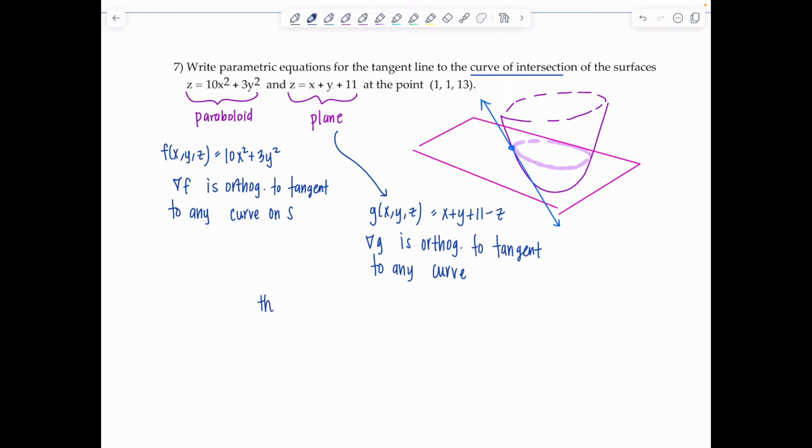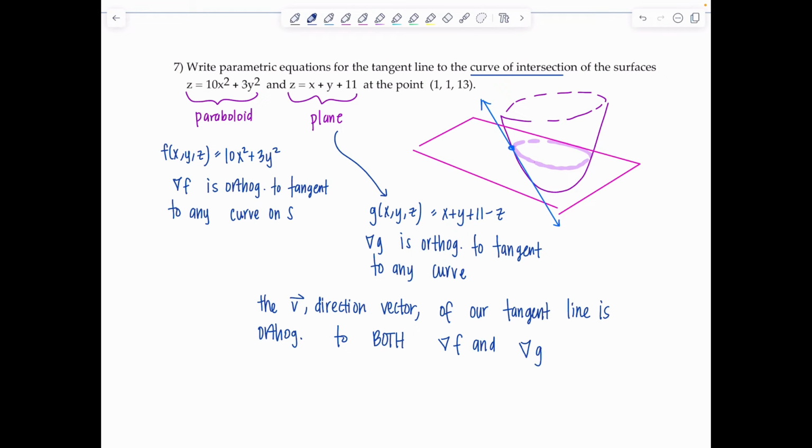So the direction vector of our tangent line on the curve of intersection is orthogonal to both the gradient of f and the gradient of g.